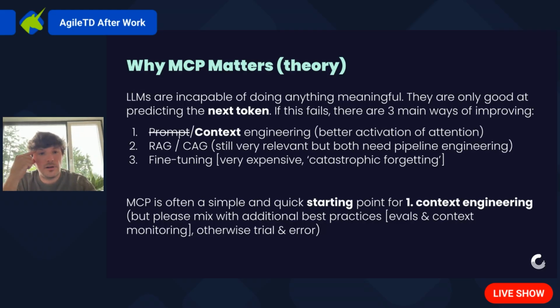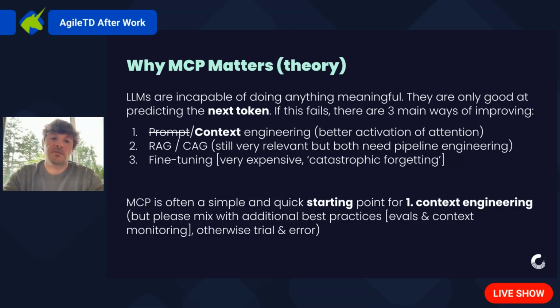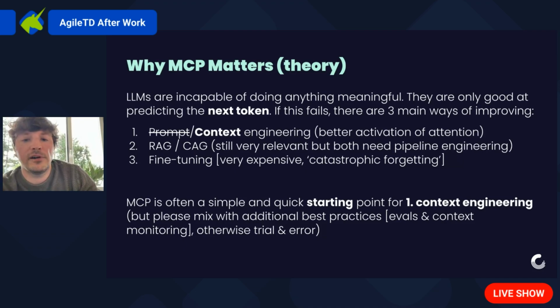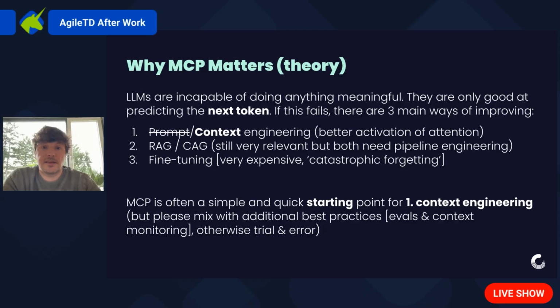And then the last one, fine-tuning, that's very expensive. You often need ground truth data and supervised learning for that. And most of the times, it's only accessible to foundational model providers. And you also run the risk of catastrophic forgetting.